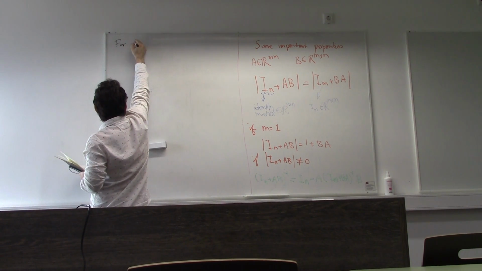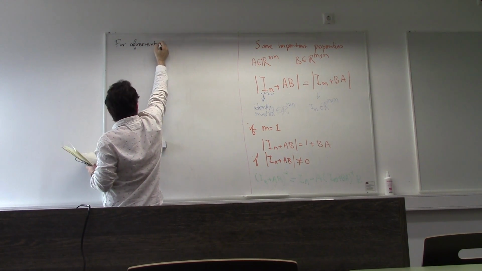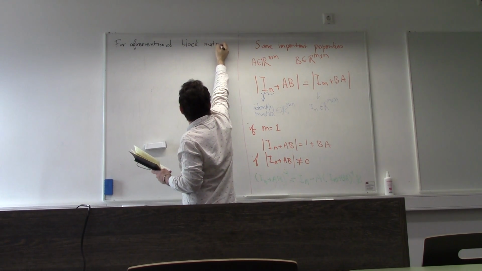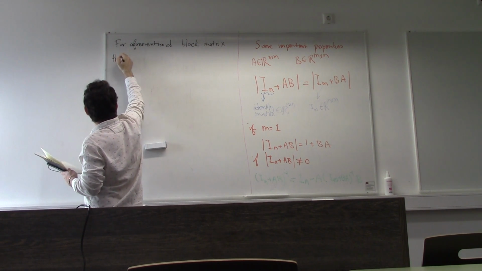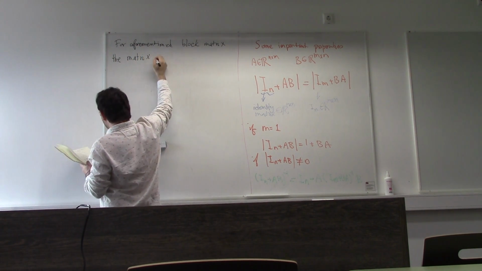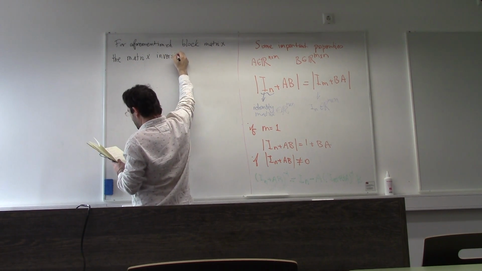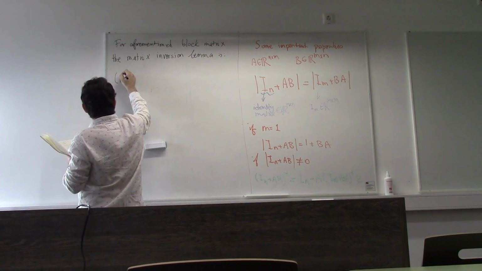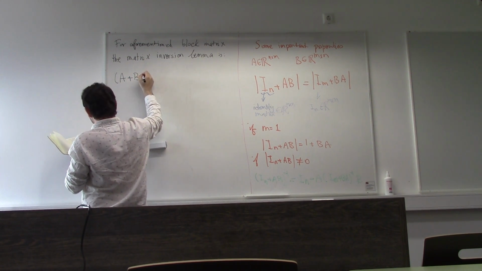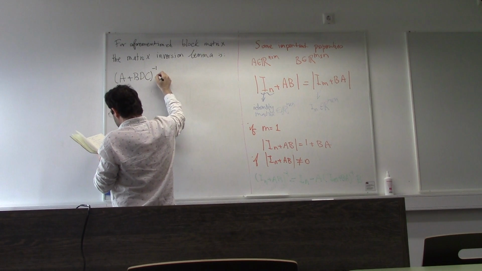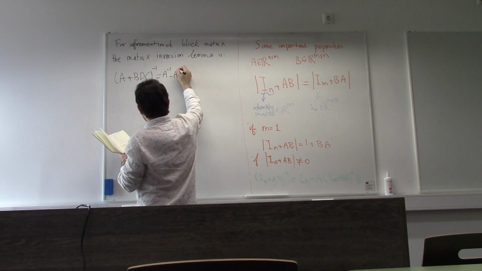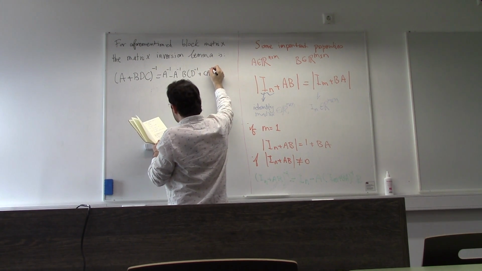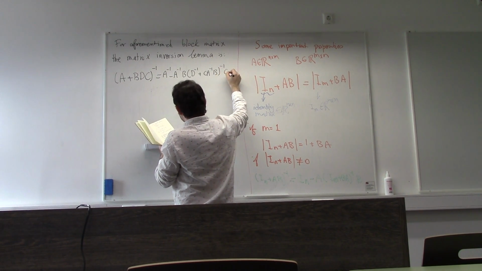For the aforementioned block matrix, the block matrix that we described before, the matrix inversion lemma is: (A plus B D C) inverse is equal to A inverse minus A inverse B (D inverse plus C A inverse B) inverse C A inverse.